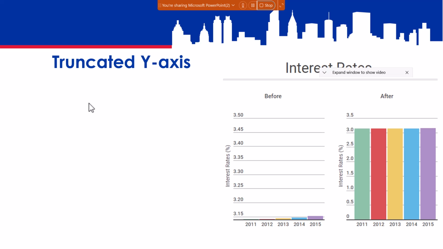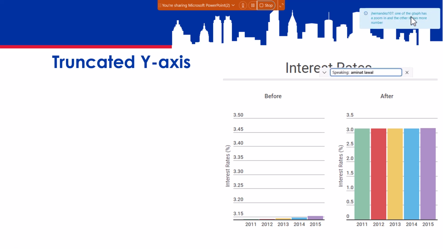What's the difference between the y-axis?